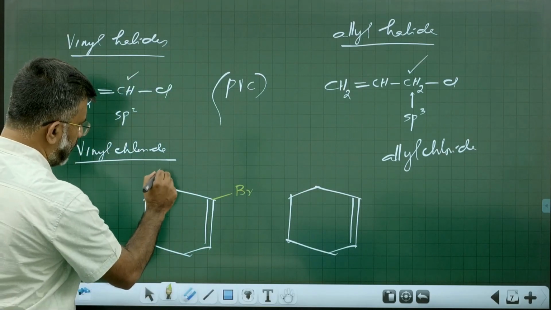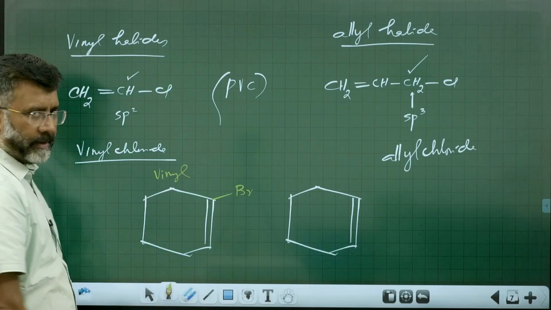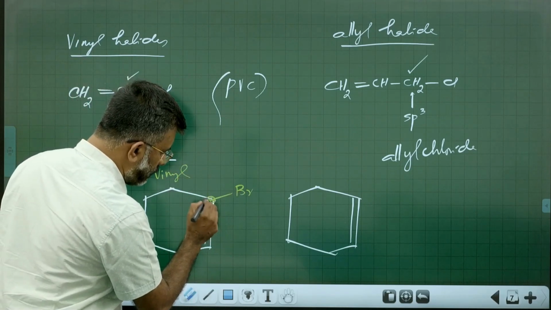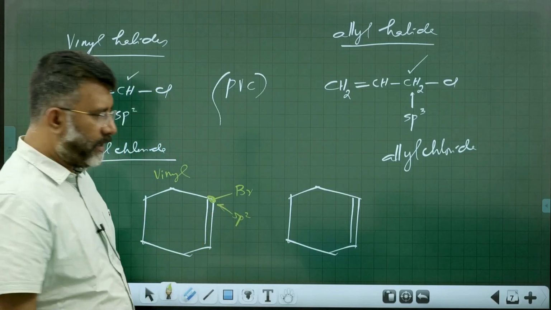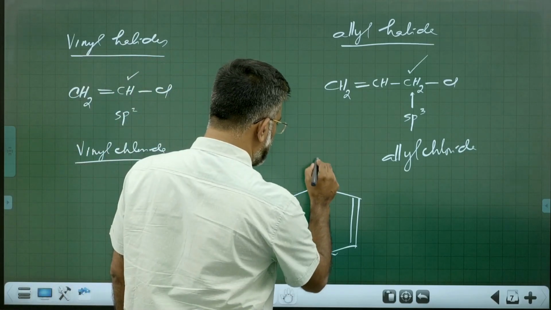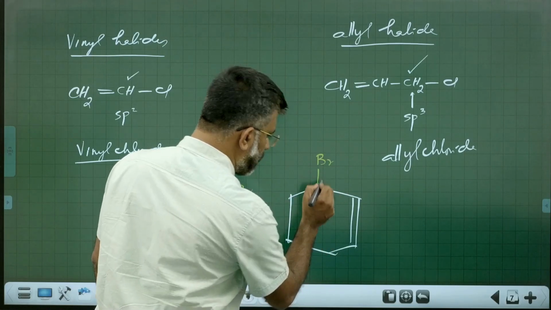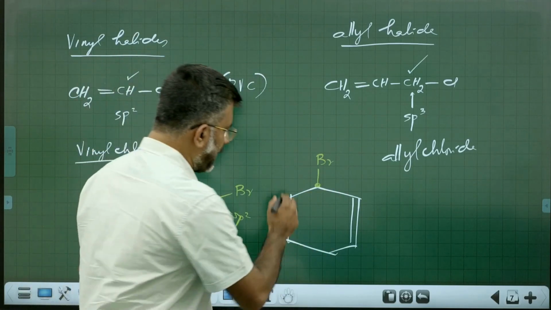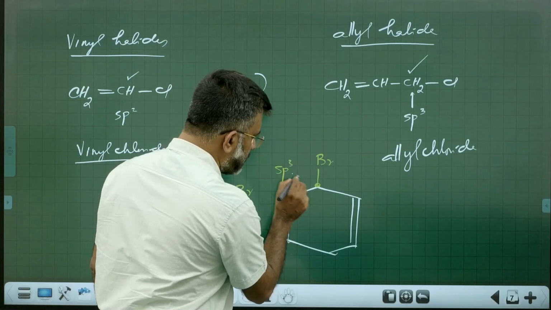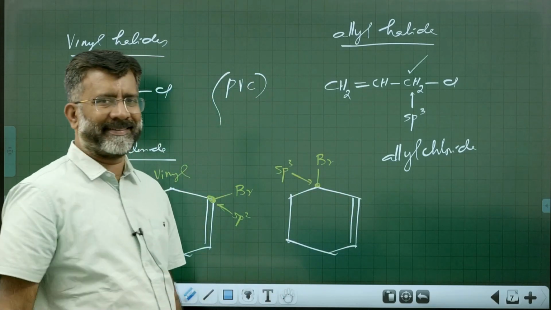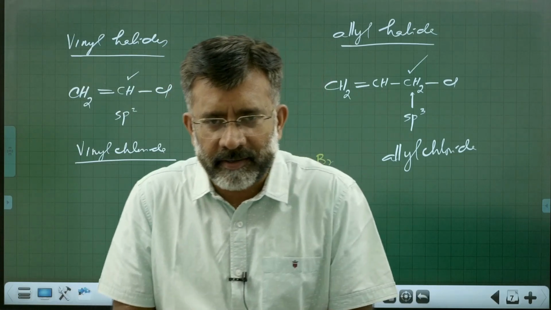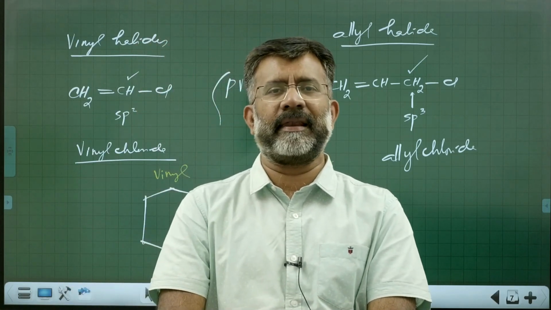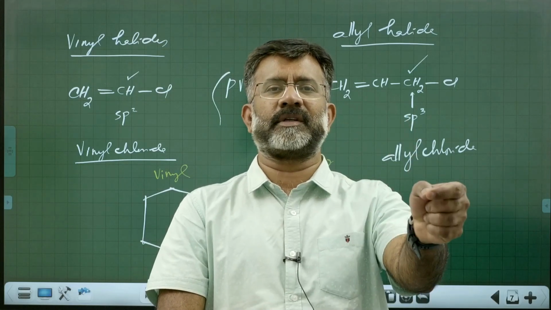This will be vinyl in nature, as the halogen is connected to an sp2 carbon. Meanwhile, if the halogen is connected to this carbon, it is an allyl carbon. This is an sp3 carbon which comes next to a double bond, right? So an sp3 carbon next to a double bond is called an allyl carbon, and a halogen on it makes it an allyl halide.